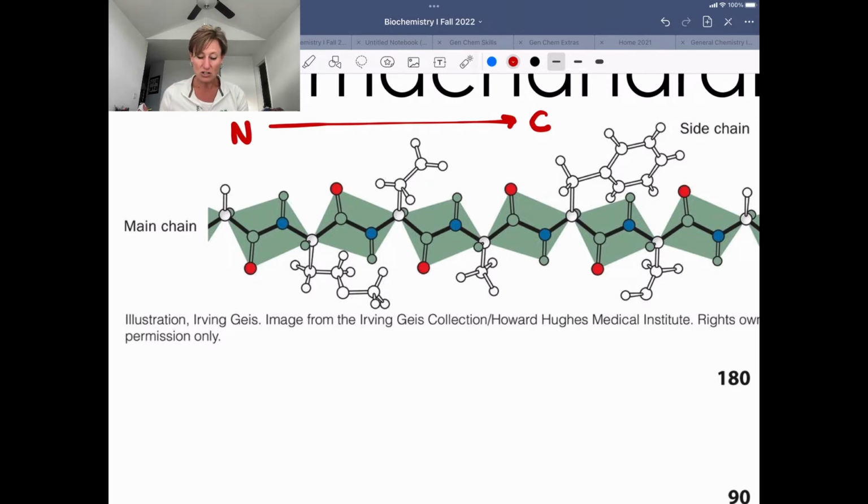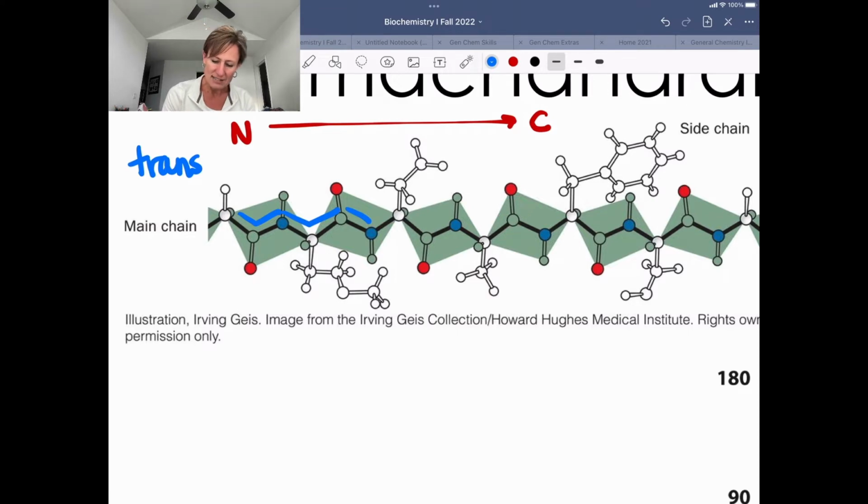So a couple of things to note here when we look at our backbone. In general, we want to see a trans configuration of our backbone because that's going to give every atom the most room. So this is a trans configuration that's going to give everybody the most room.